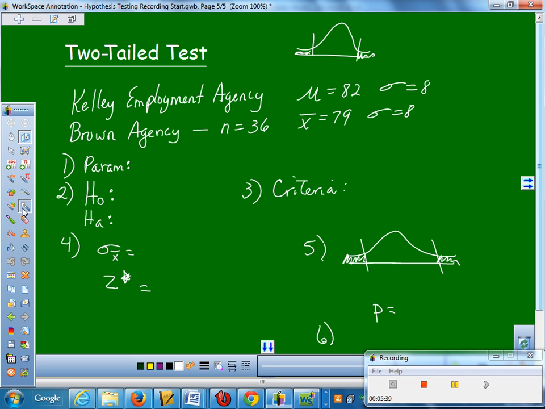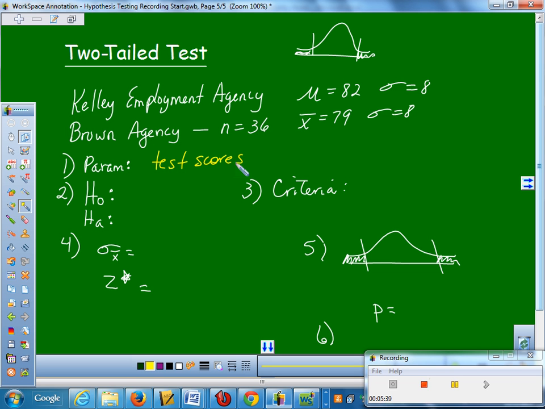So what's our parameter? What are we looking for? What's the data we need? Well, we need their test scores. Okay, now, what's our null and our alternative? Well, we're working for the Brown Agency, so we believe that the Brown Agency's test gives the same result as an 82 on the employment agency.